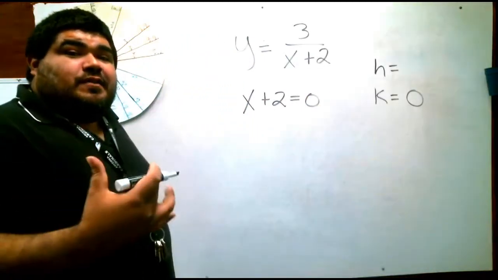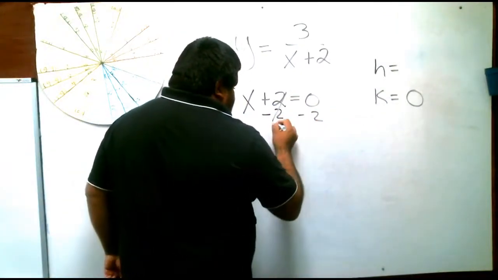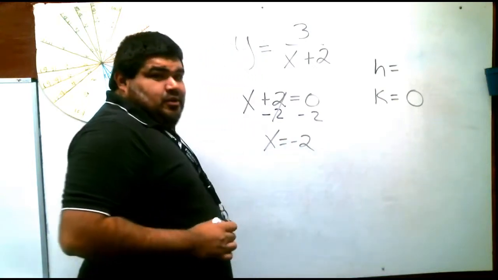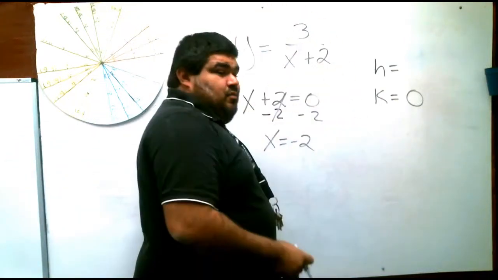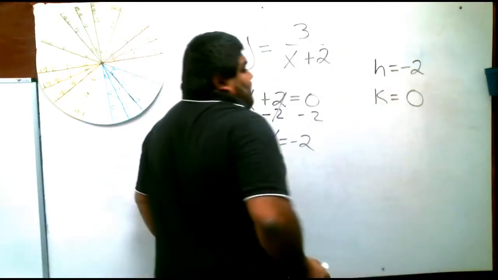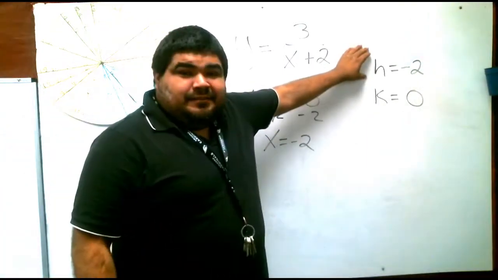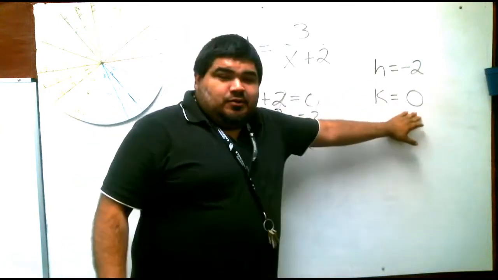If we're solving for x, we subtract 2. We're left with x equals negative 2. So we know that our vertical asymptote is at negative 2. So we have an asymptote at negative 2 and an asymptote horizontally at 0.